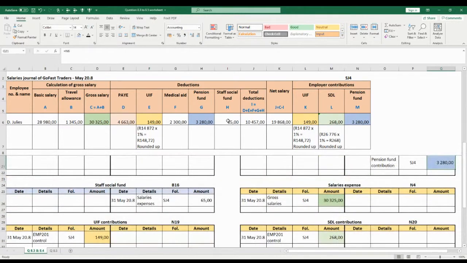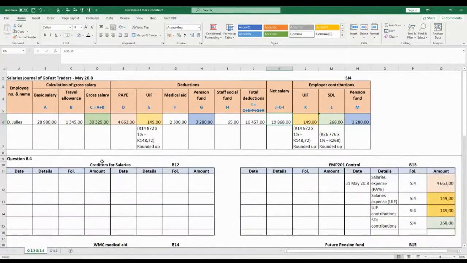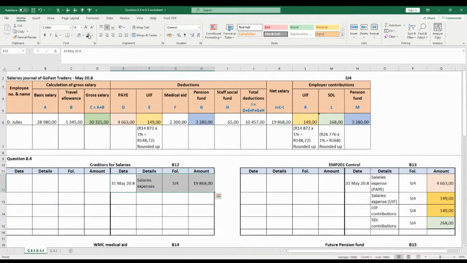Okay, so now we've accounted for all the expenses, but we have not accounted for the net salaries. So we said the net salaries go to our creditors for salaries, which is also a liability account. That shows the net amount that we will pay at the end of the month.